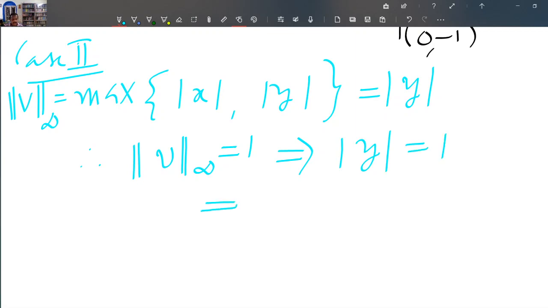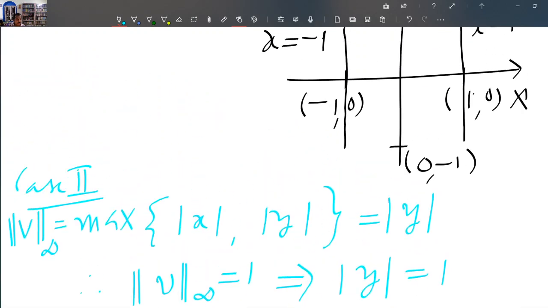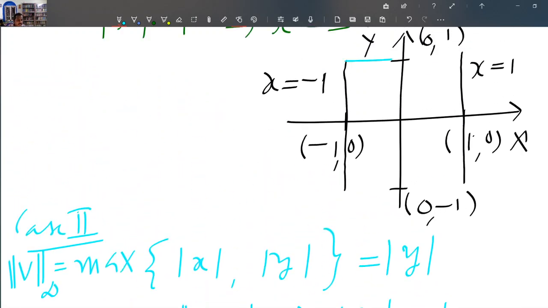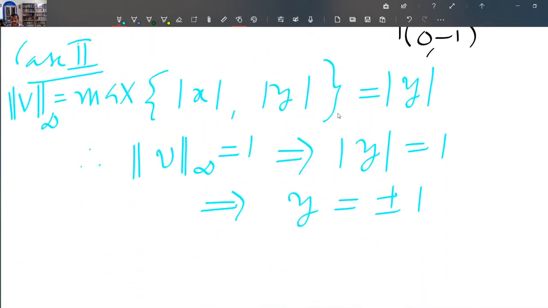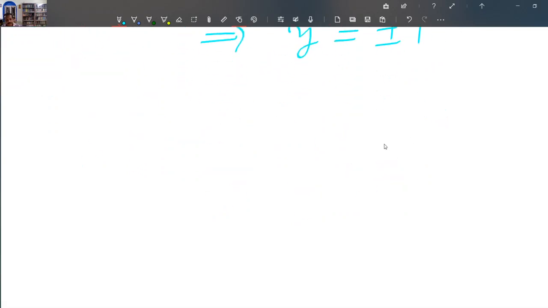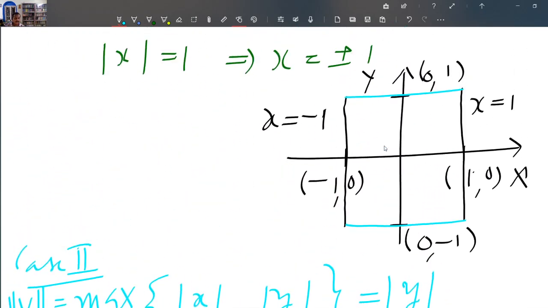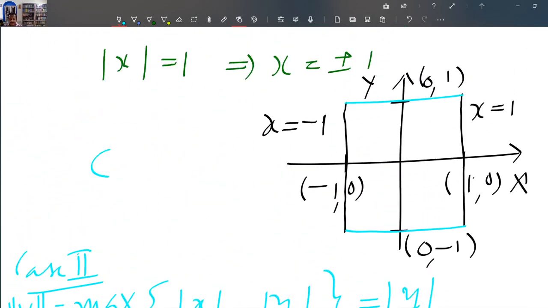So that implies y equal to plus or minus 1. When y equals 1, you get this segment, and when y equals minus 1, you get this segment. So this is the unit circle in R2 with the supremum norm. That is the behavior of our C in R2 with the supremum norm.